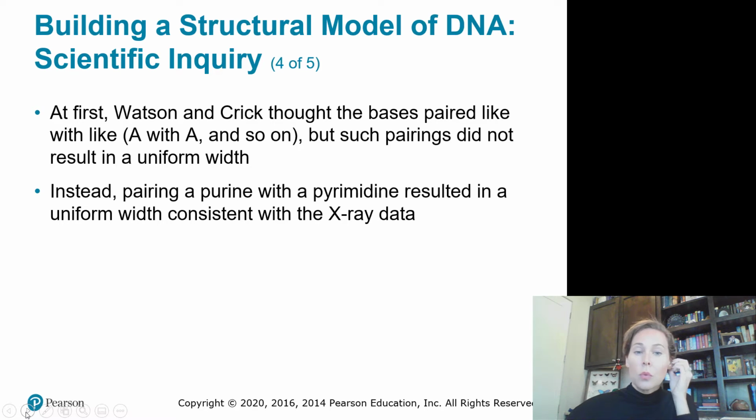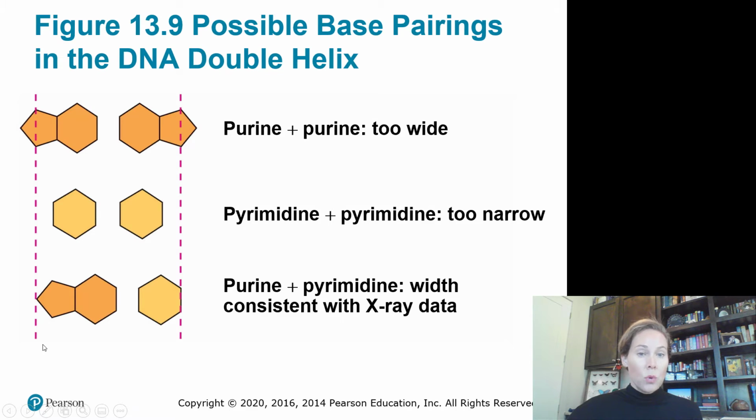So what they found was that one is a purine and one is a pyrimidine. This is the way that I remember it. Purine is a smaller word, which means it's a bigger molecule. Pyrimidine is a bigger word, but it's a smaller molecule, so it's opposite. Purines and pyrimidines pair up, but purines with purines will not, and pyrimidines with pyrimidines will not.